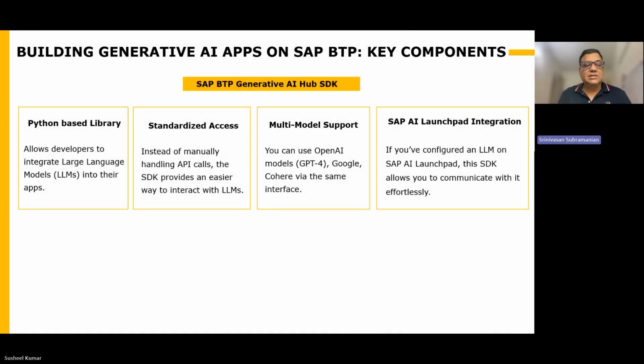Okay, so this is really the component that you get to once you have deployed or selected your model, set up the deployment, you have your credentials, for example, and then you now have to decide how you're going to build the app, right? While we're going to talk a little bit deeper as far as the SAP Generative AI Hub SDK is concerned, it is really a Python SDK that you can use to start building up your apps.